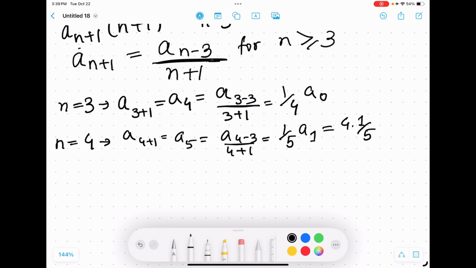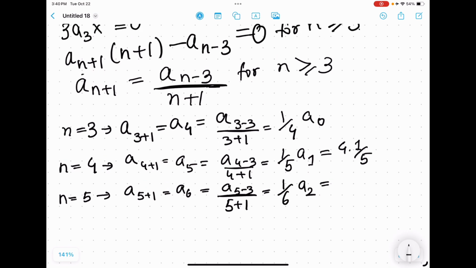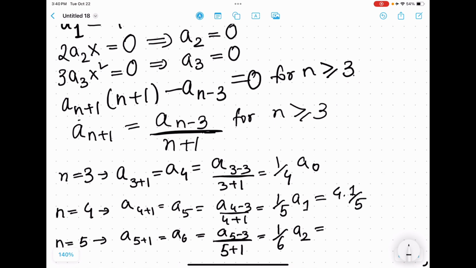Okay. Then I have n equals 5. So I have a sub 5 plus 1, which is a sub 6, equals a sub 5 minus 3 by 5 plus 1, which is 1 by 6, a sub 2. And I have seen that my a sub 2 is 0.